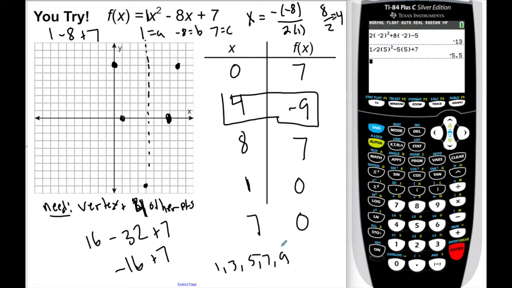If we go back, we had to have gone up by 5. Then we had to have gone up by 3. Rather, down by 3. Then we'd have to go down by 1. So that's where the symmetry is helpful.